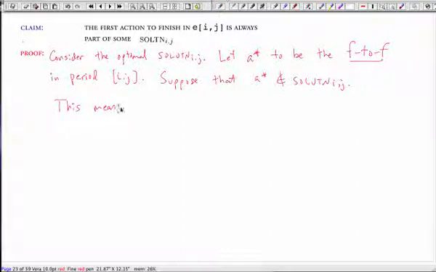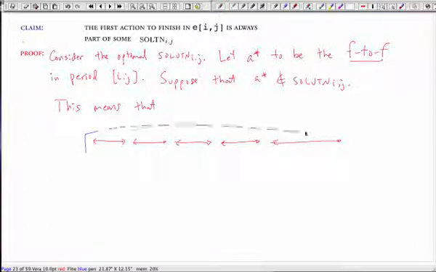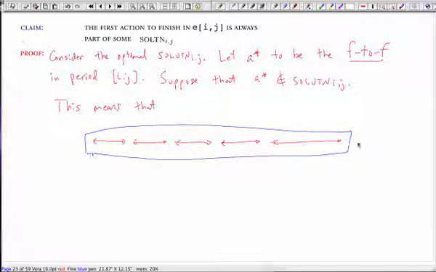This means that this right here is the solution. Okay?